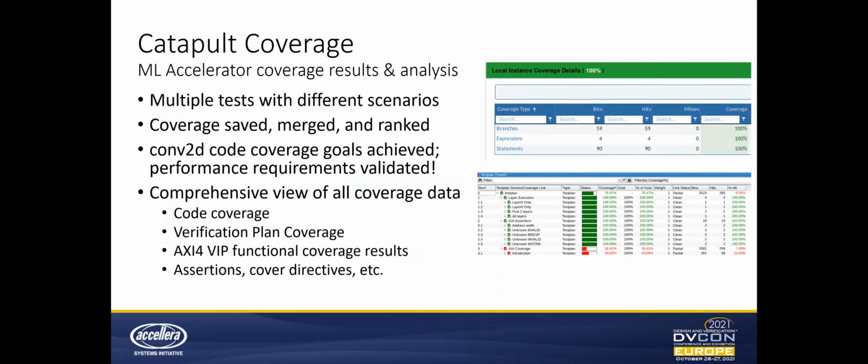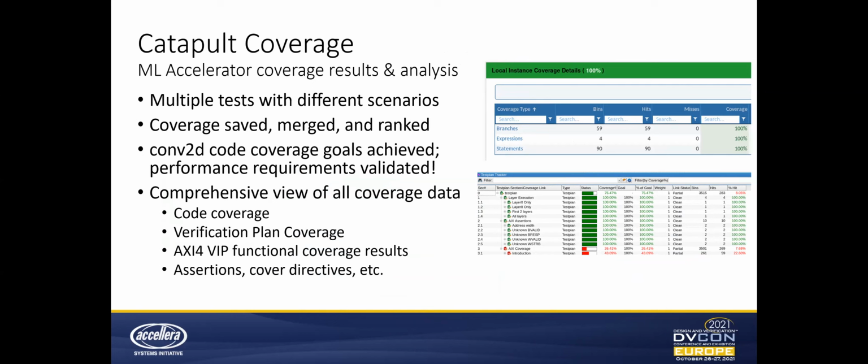So here we're showing the coverage results taken from the pre-synthesis ML accelerator design. We got here by running multiple tests using different combinations of layers, different image sizes, and feature maps. Coverage results from each run were saved and merged.